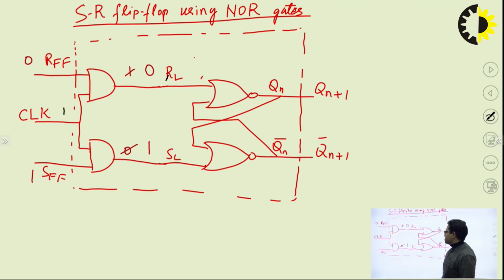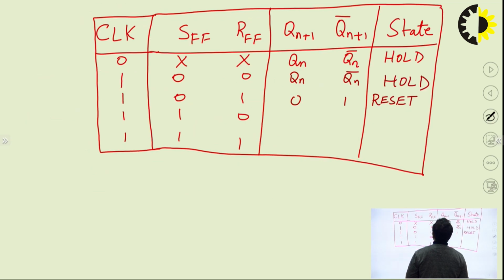The S input of the latch got the value and it will change the state of the flip-flop to a 1. That means it will set the output. So for this we are getting 1 and 0. So this is your set.